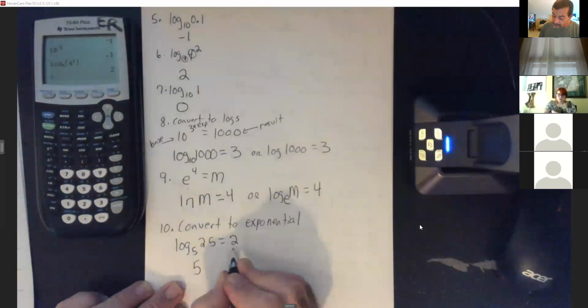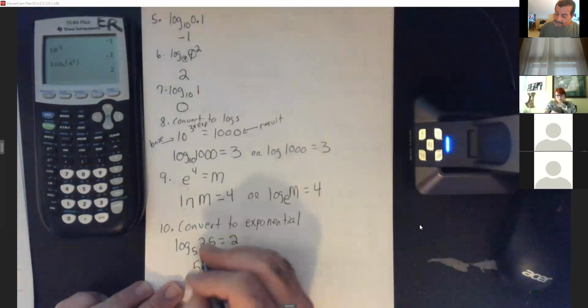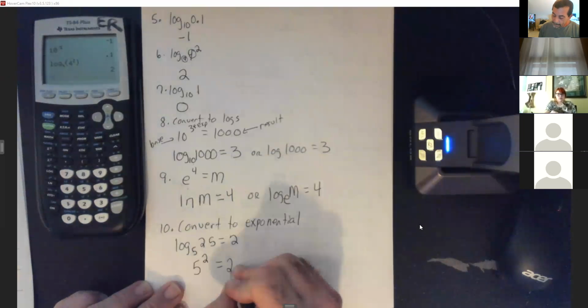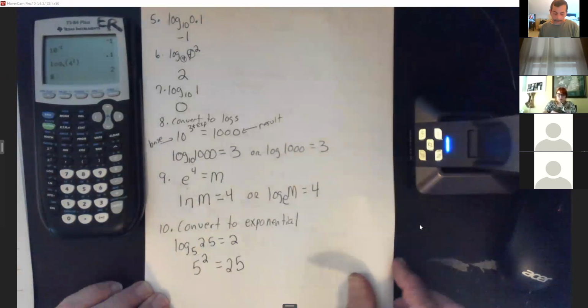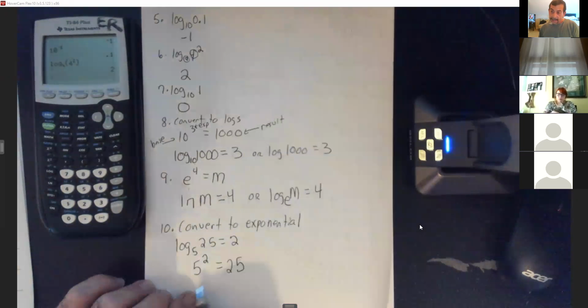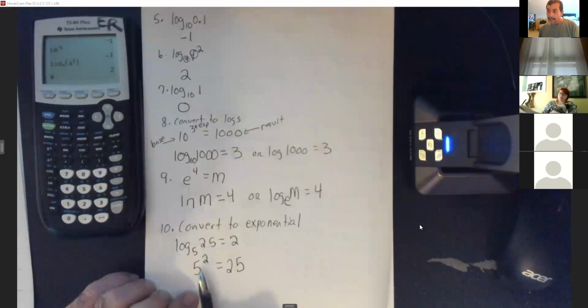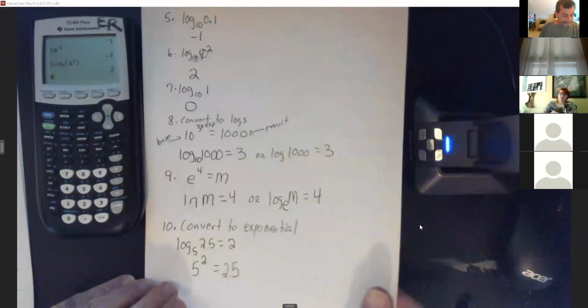Exponent is the 2. And 5 squared has to equal 25. And when you got numbers like this, it's got to be a true statement. And 5 squared is 25, so that would be a true statement, okay?